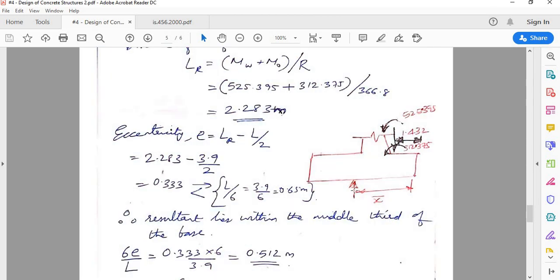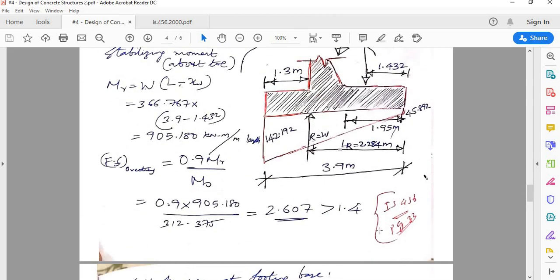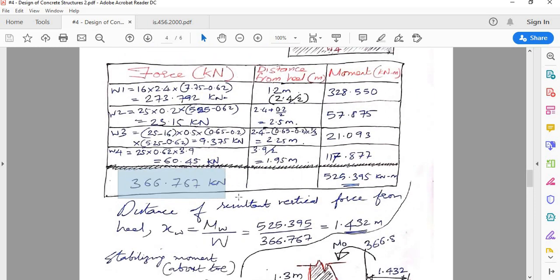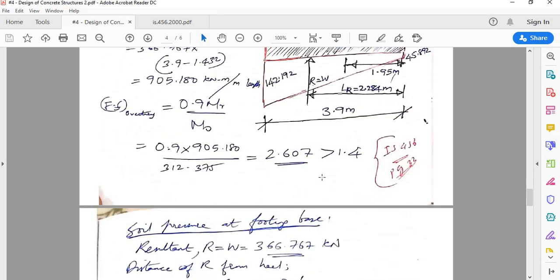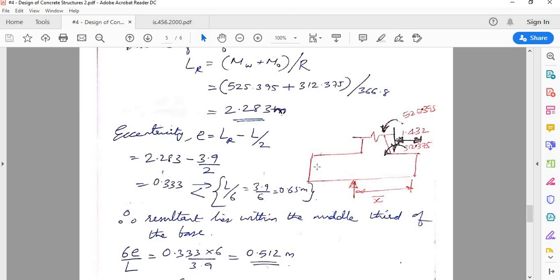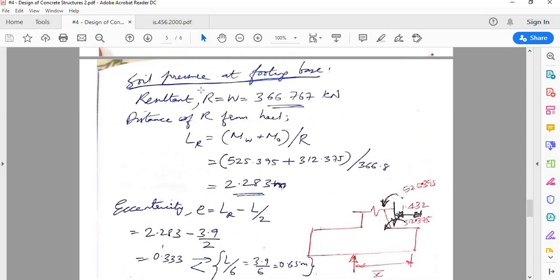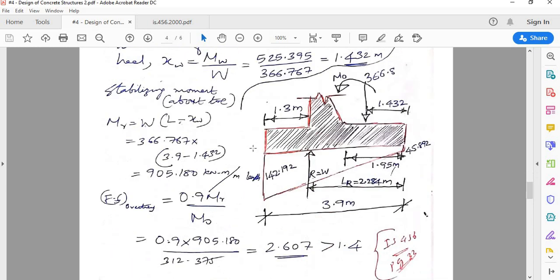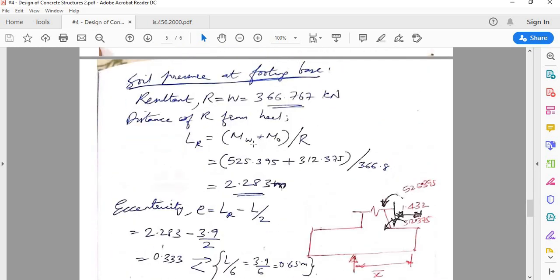The soil reaction is nothing but the sum of all the forces, because that is the only force which is vertical. So that is what I have written here: R equals W equals 366.767, which is what we arrived at here. So that is the reaction.